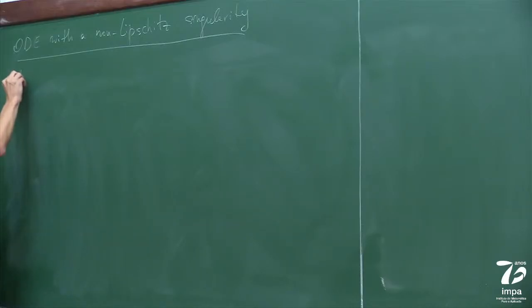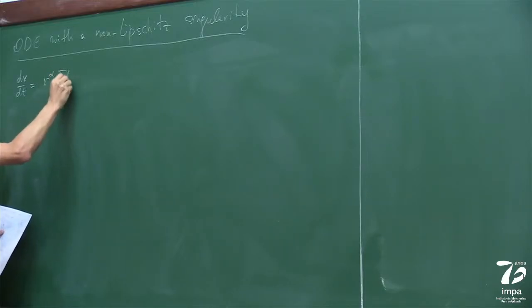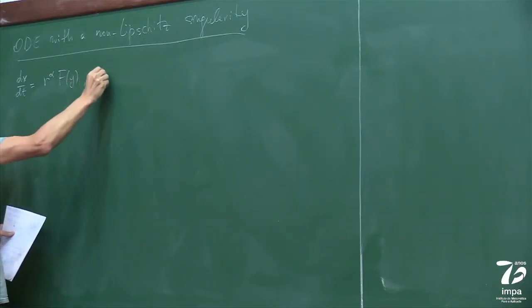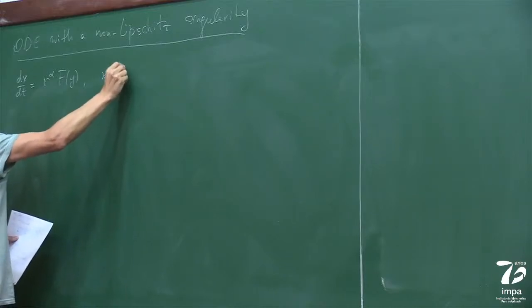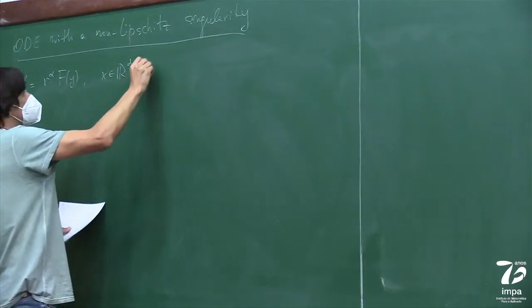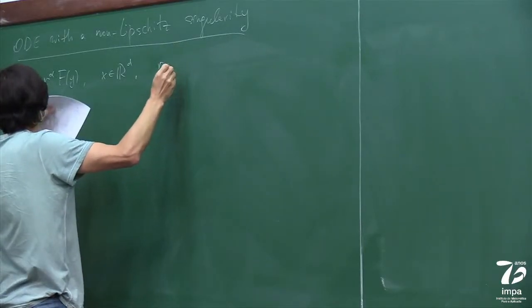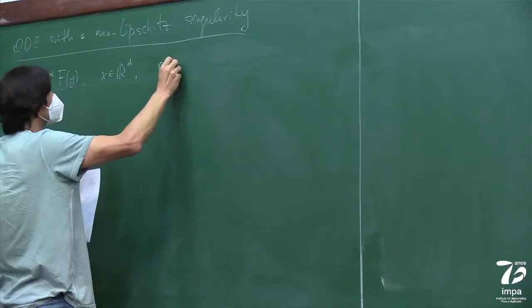So let's just recall our setting. Our ODE has this form: dx/dt, the right hand side is r^alpha f(y). So x is a vector of d dimensions. r and y are spherical coordinates essentially.